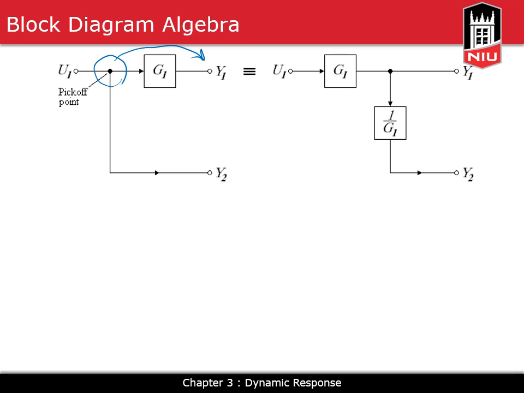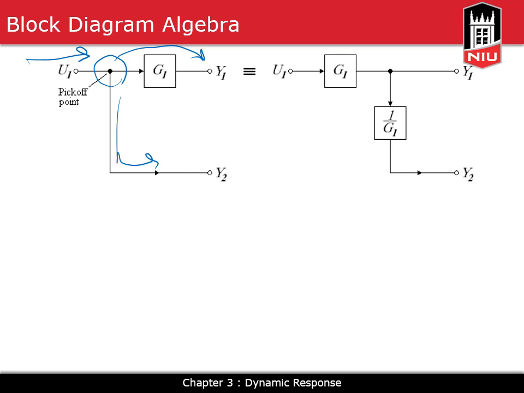Remember, these lines are not like wires in an electrical circuit. The signal that is coming in this way does not get divided like an electric current. So the same signal that goes into G1, the same signal goes down this way. It's a block diagram, not an electrical circuit. So moving that pickoff point certainly will not affect Y1.